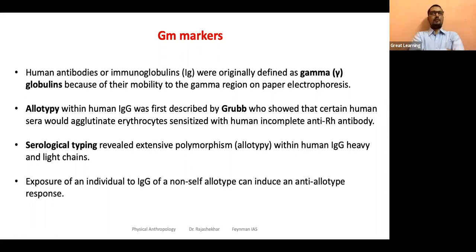So allotypy, or slight variation in IgGs between individuals, slight variation in amino acids, in IgG among humans was described by Grubb. Okay, and further, it revealed extensive polymorphism, meaning we humans carry several different versions of IgG. So there is extensive polymorphism shown with respect to IgG markers.